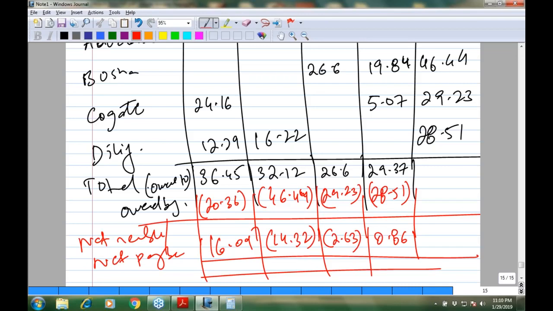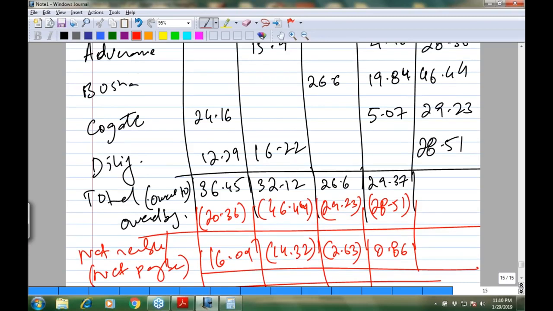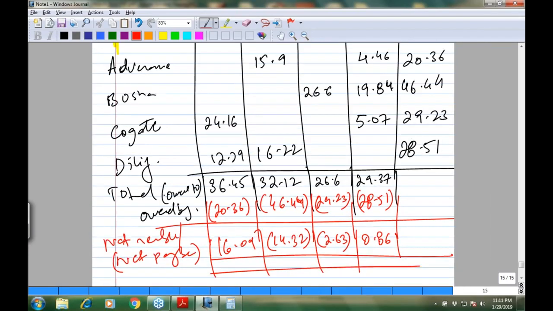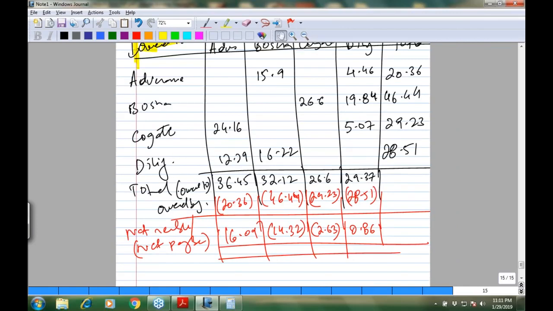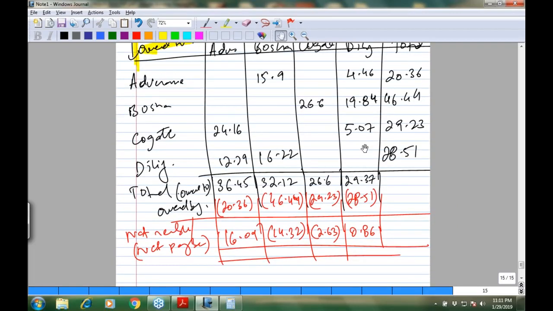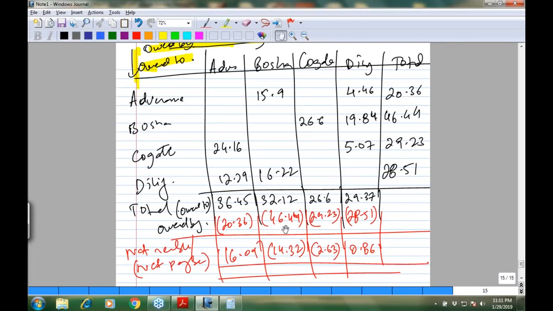So resultingly, we have got net receivable or net payable. If you see, the Boscha company has the highest debt. Then you have Colgate company, and the maximum amount is received by Adverine company and then by Dilling company.